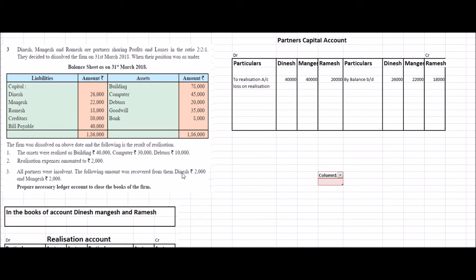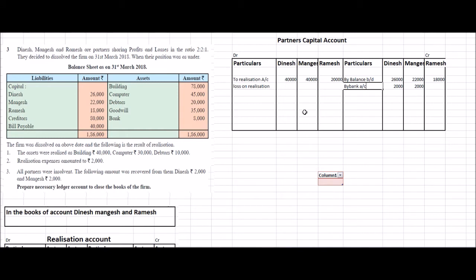The following amount was required from Dinesh, 2,000 rupees, and Mangesh, 2,000 rupees. These two partners brought money from their private estate, so that is 2,000 rupees each. This will go to the bank account, by bank account, 2,000 and 2,000.